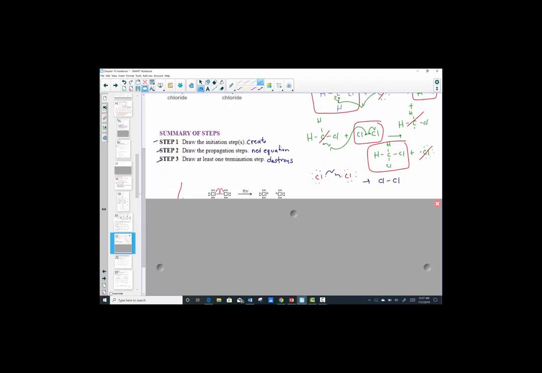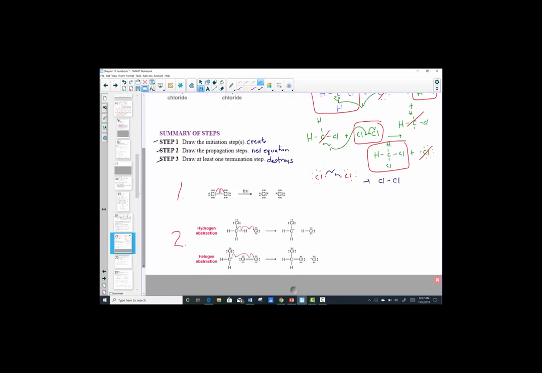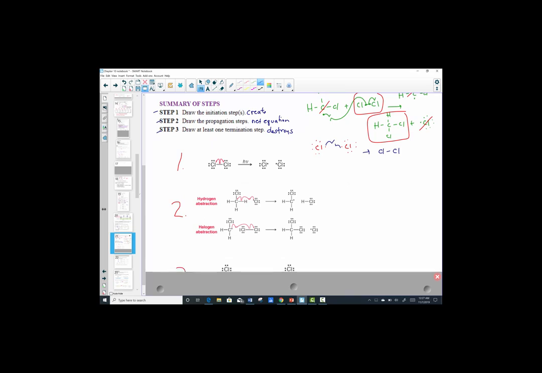So let's compare what we've drawn and just reiterate the steps for emphasis. Number one, initiation. Initiation created the radicals. We did so by a homolytic bond cleavage and created two radicals of chlorine.